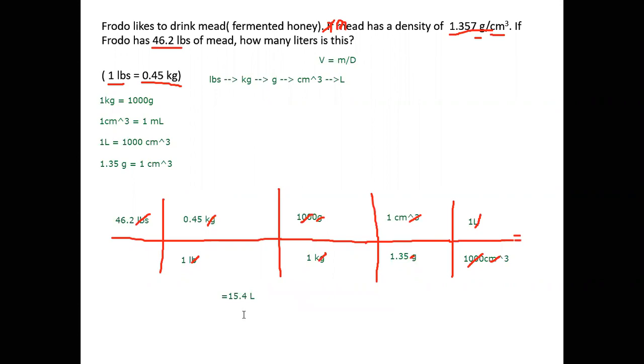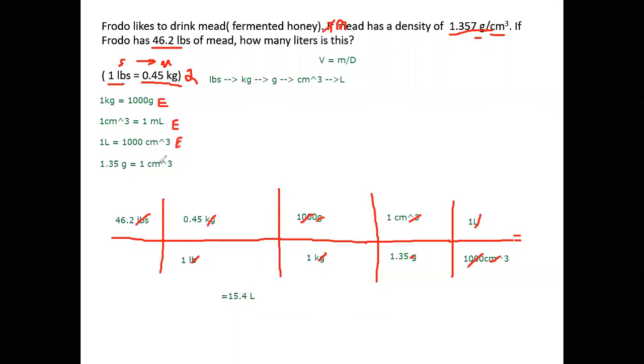So now we have to look at significant figures to see how many we should round to. 1 kilogram to 1,000 grams, that's exact. 1 pound to 0.45 kilograms: remember, pound is standard, kilogram is metric, so we're going from standard to metric, and we have to include significant figures. This one has 2. 1 centimeter cubed equals 1 milliliter, that's exact. 1 liter, 1,000 centimeters cubed, exact.